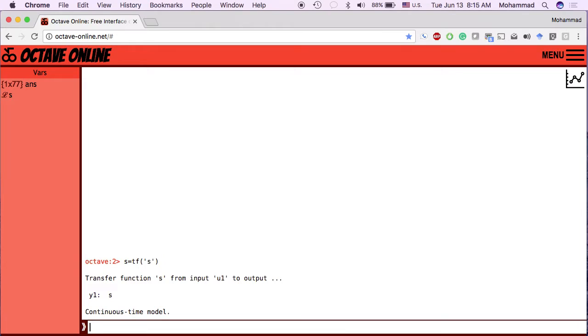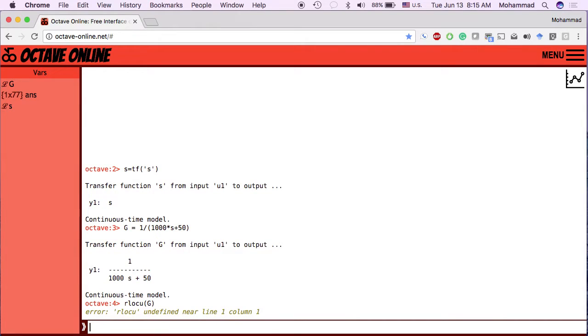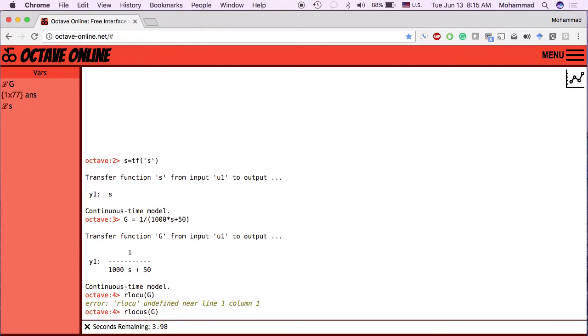So your G is 1 over 1,000 times s plus 50. That's the open loop transfer function, G. And then if you type rlocus of G, you get the plot.